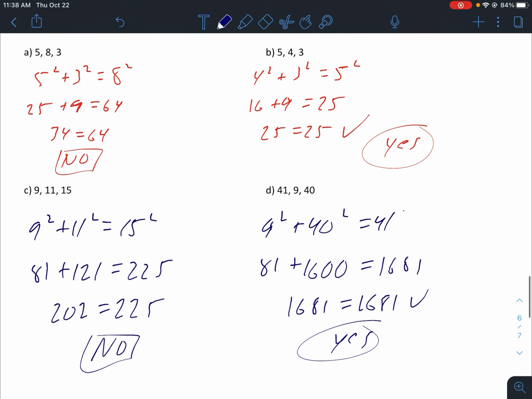All right, for C, you should have gotten no, that is not a right triangle, and D, that is a right triangle. That is it for section 4.3, the Pythagorean theorem.